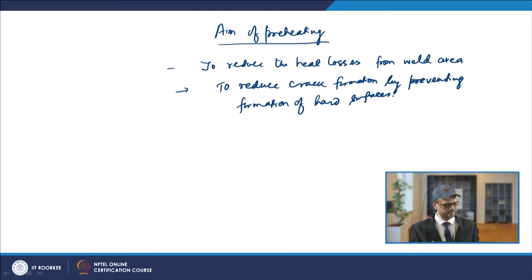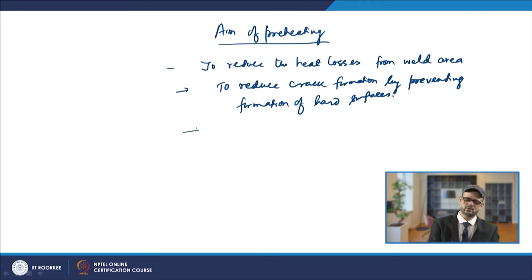This is directly related to the formation of hard surfaces when we have a higher cooling rate. When you have hard surfaces, the chances of crack formation will be higher, and these cracks will limit the properties, especially the ductility of the material.